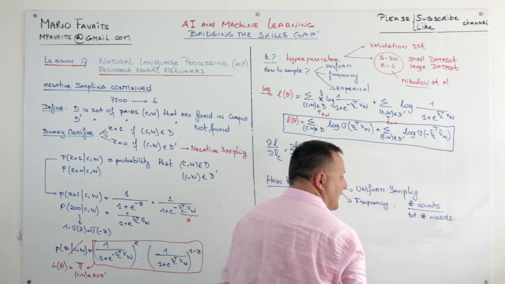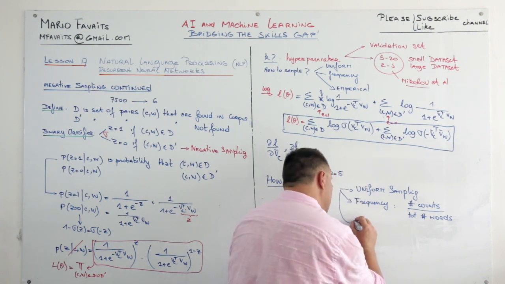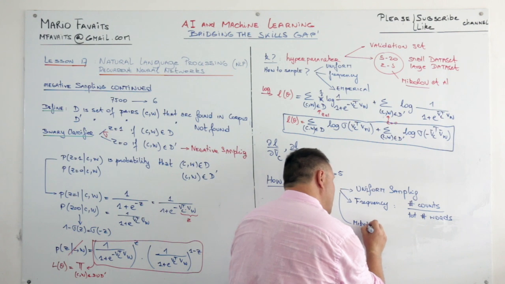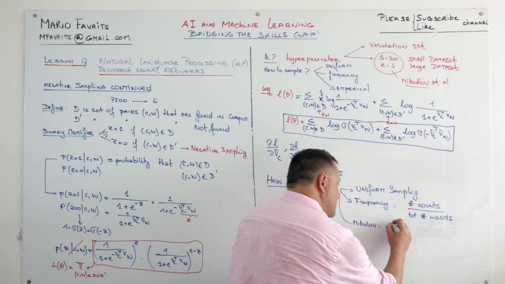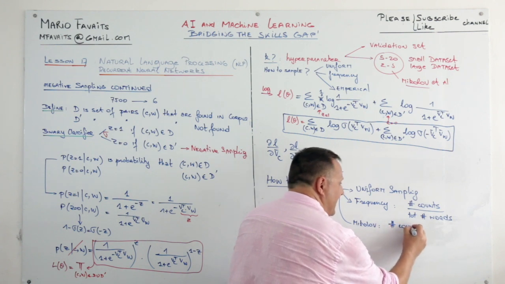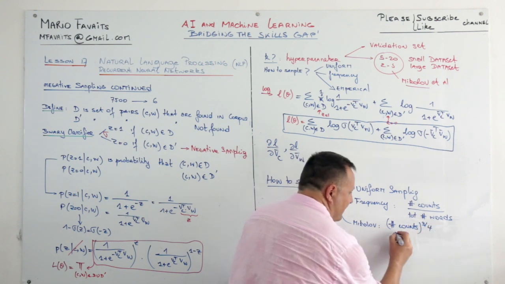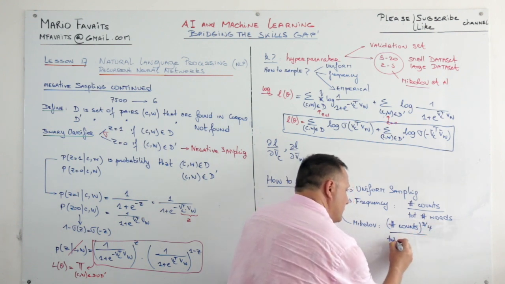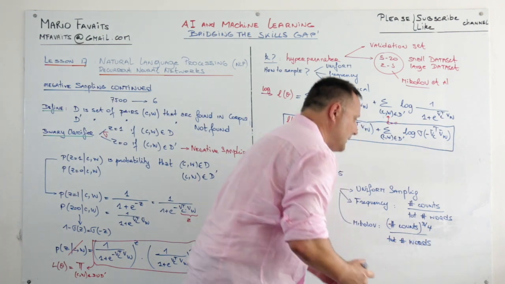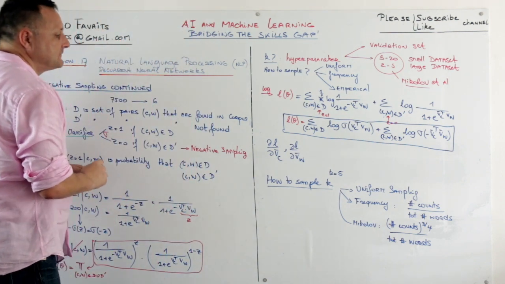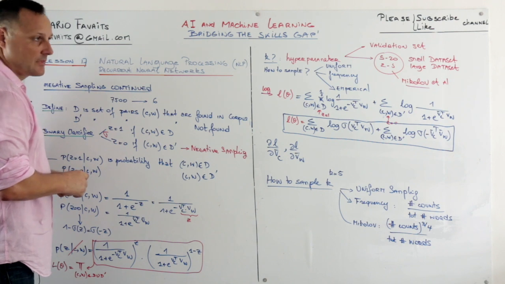It's an option, but Mikolov has empirically shown that you get the best results when you take the number of counts to the power of 3/4 and then divide by the total number of words. So this is just some guidance on how to sample K.